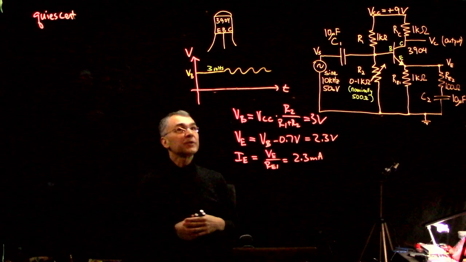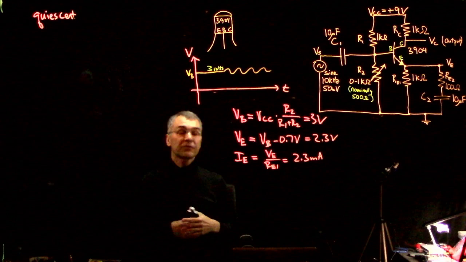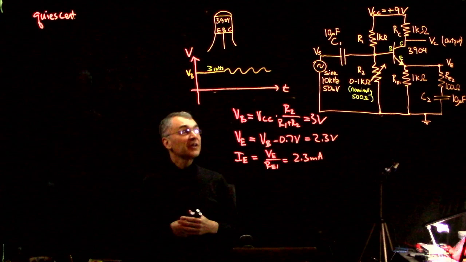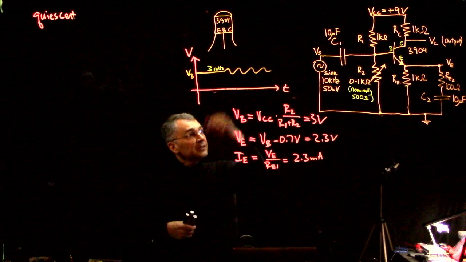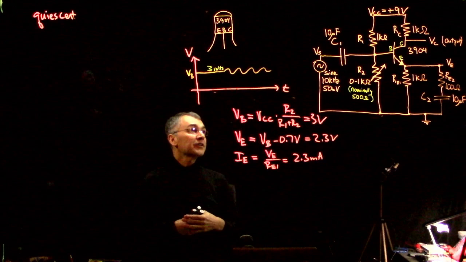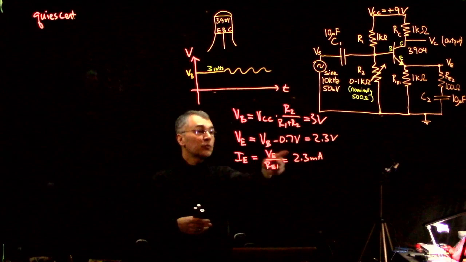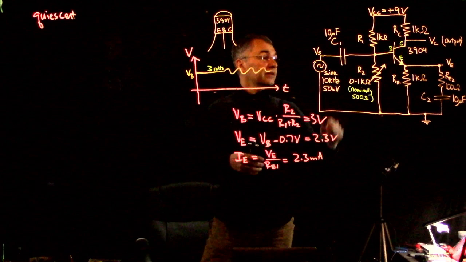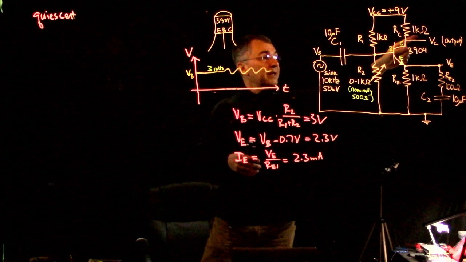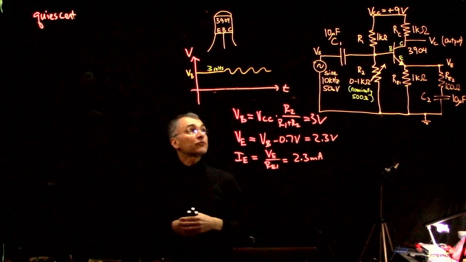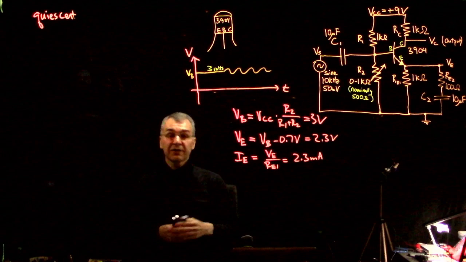You won't often be designing your own transistor amplifiers, but normally you want the output to be able to swing up and down as far as possible. So for a 2.3 milliamp quiescent current, if this is 1K, you'd probably make this resistor more like 2K so that the quiescent collector voltage is closer to 4.5 volts. But we'll just go with what we have written down here.